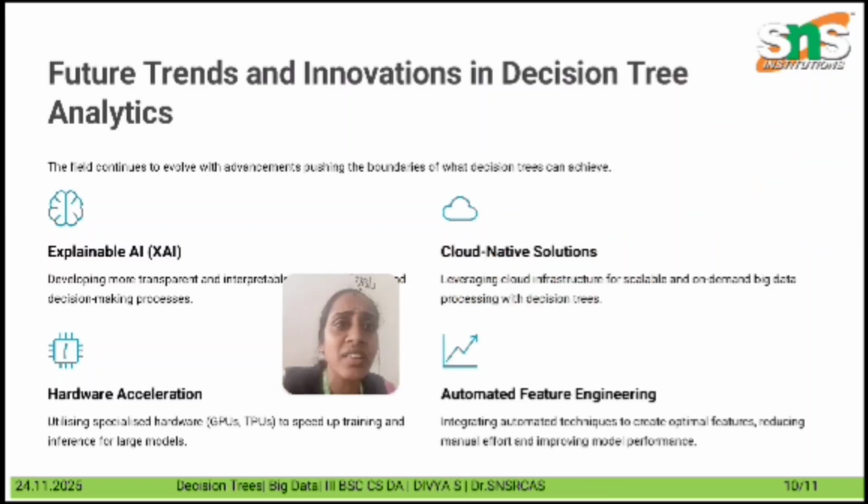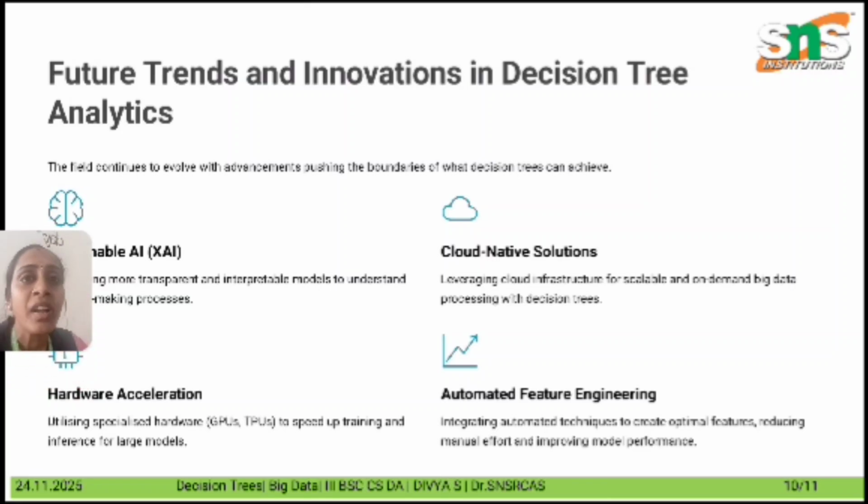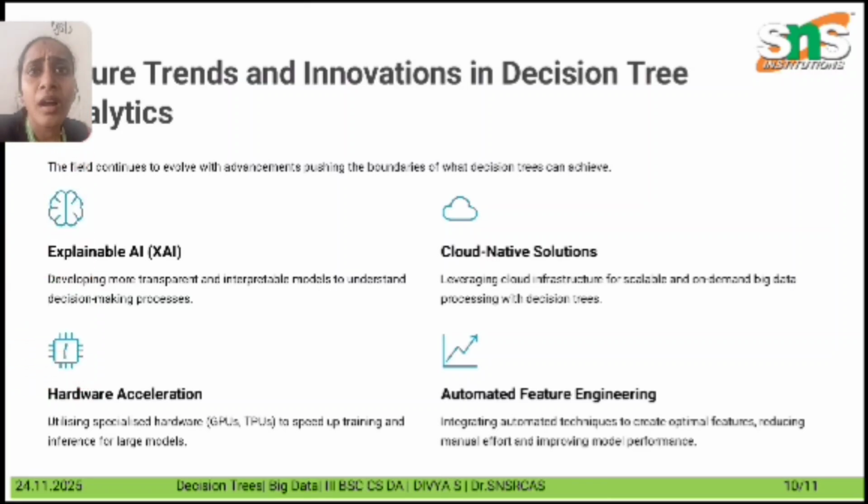Automated feature engineering uses automated techniques to create optimal features, reducing manual effort and improving model performance. Hardware acceleration speeds up the training and inference of large models, and cloud-native solutions provide infrastructure for scalable, on-demand big data processing for decision trees.